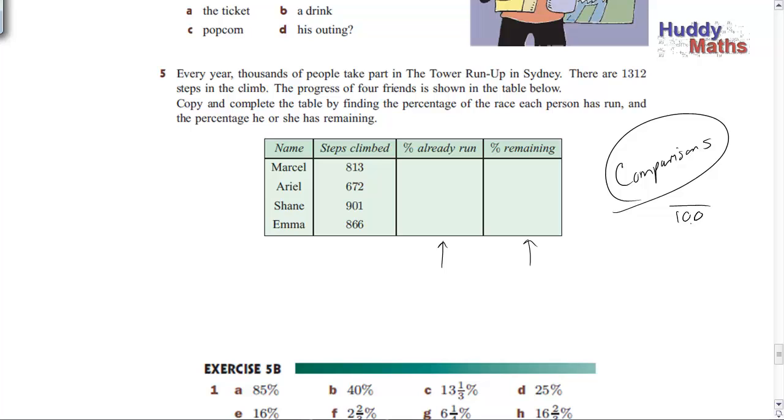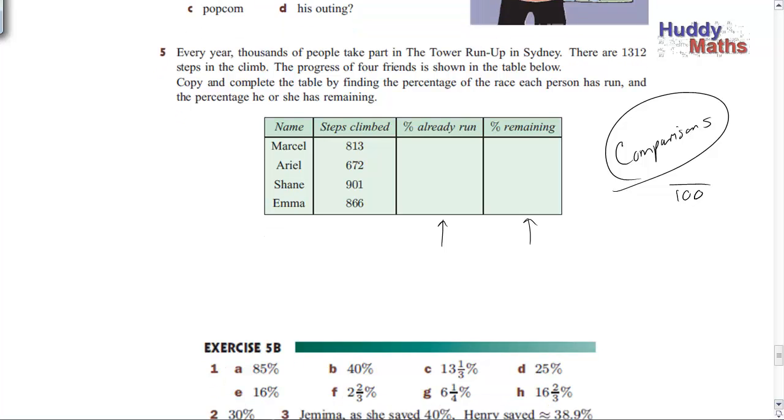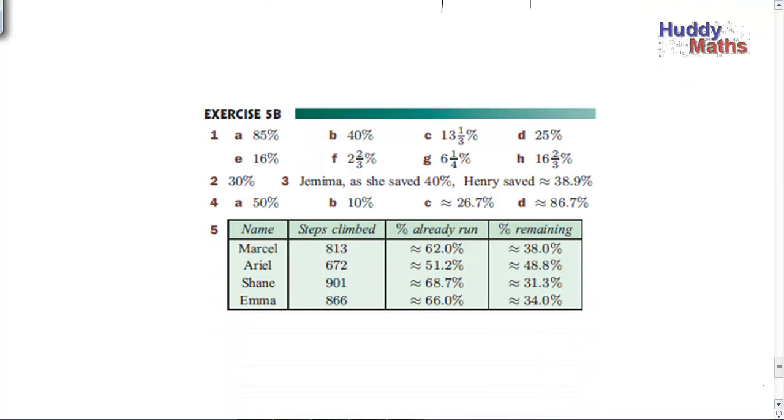How many out of 100 for comparisons? Okay, let's have a look at the answers now. There they are. I hope you're getting a few right. You might have to pause the presentation, go back and have another go and just watch what I've done.